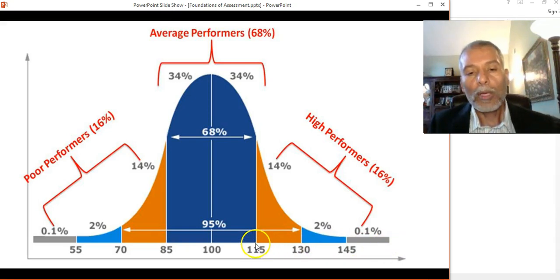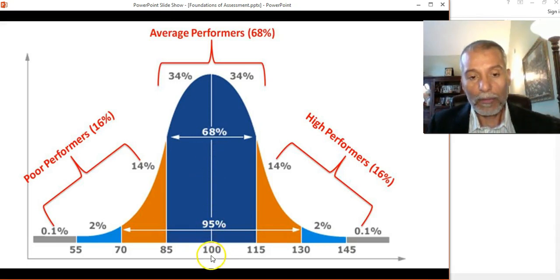So from 115 to 130 is now 2 standard deviations. Here's one and here's one. That is 2 standard deviations above the mean.